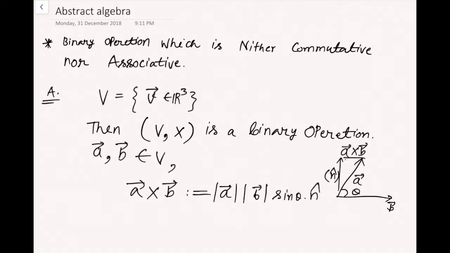Then this vector A cross B will also be a member of the set V. Therefore, V with cross is a binary operation.